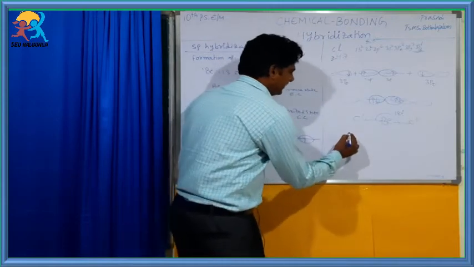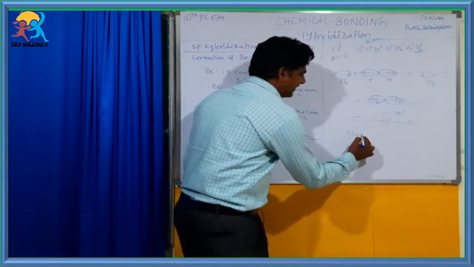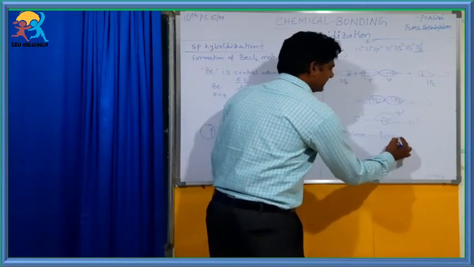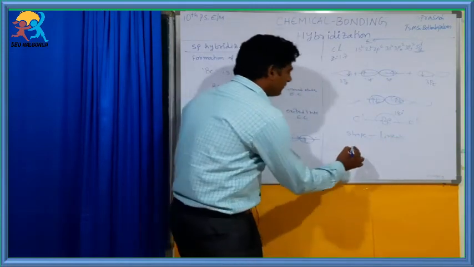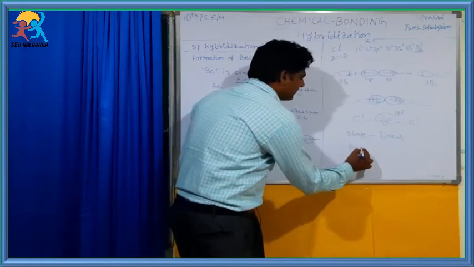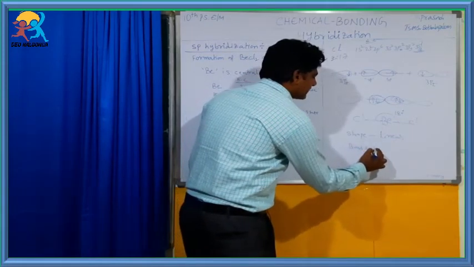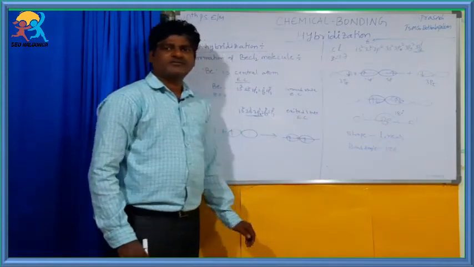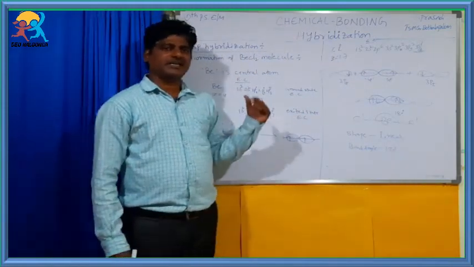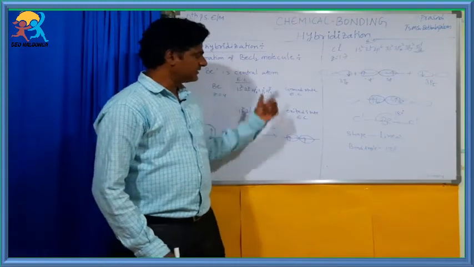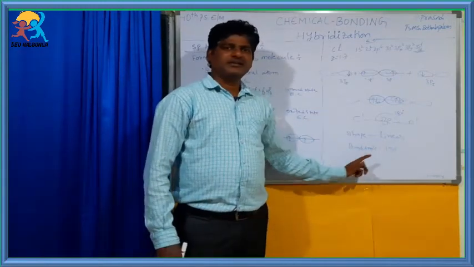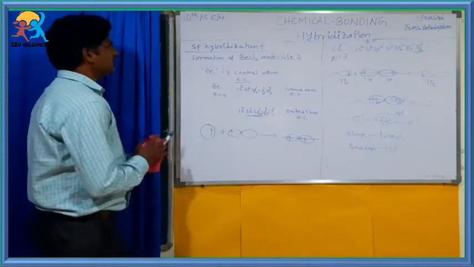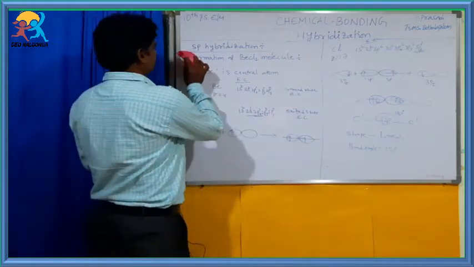So the shape of beryllium chloride is linear, and the bond angle is 180 degrees. If a molecule involves sp hybridization, its shape is always linear and its bond angle is 180 degrees.